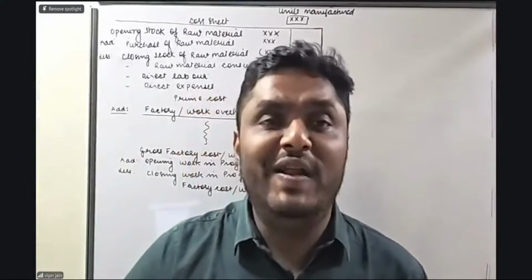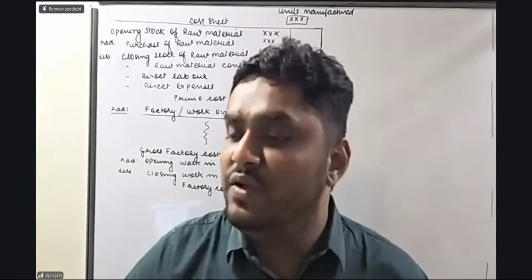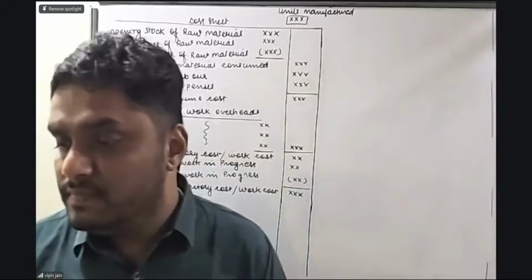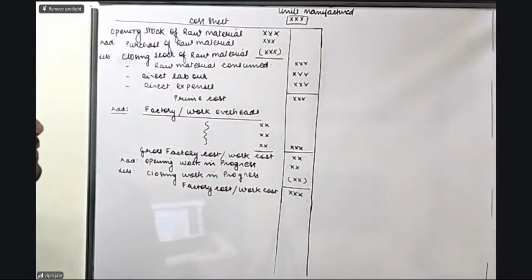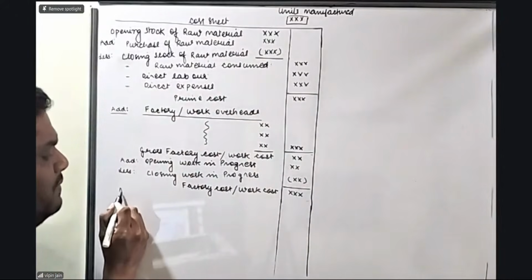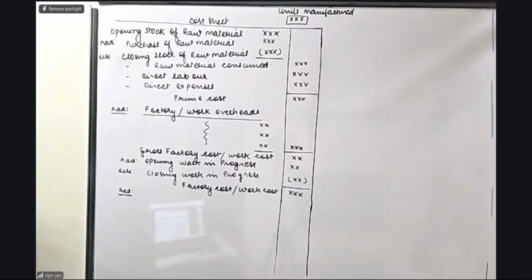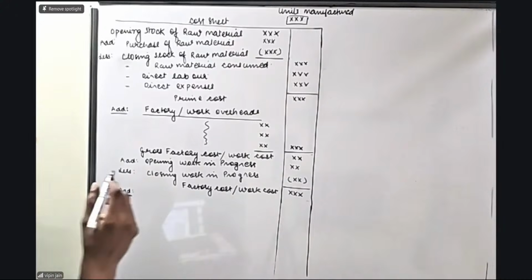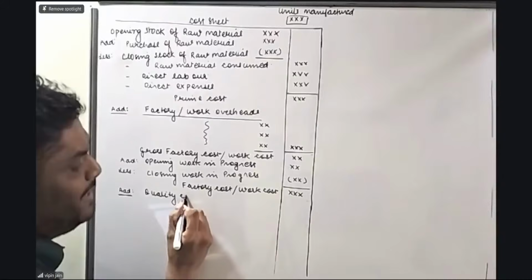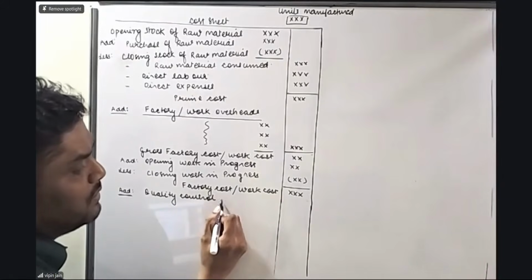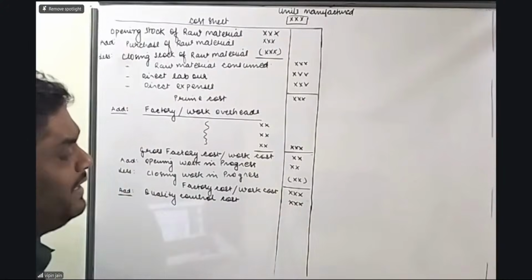Now, after calculating the factory cost or work cost, we'll be again making adjustments of a few items. So we will add a few items. The first item is quality control cost.